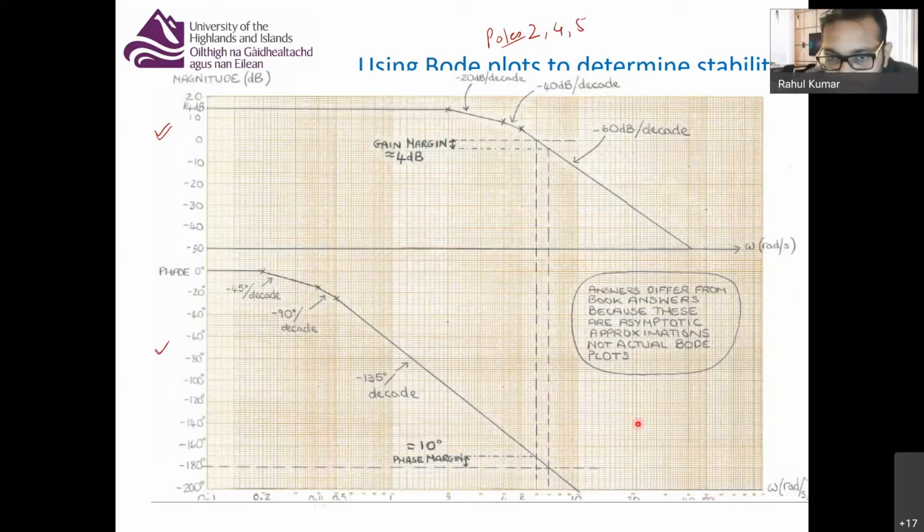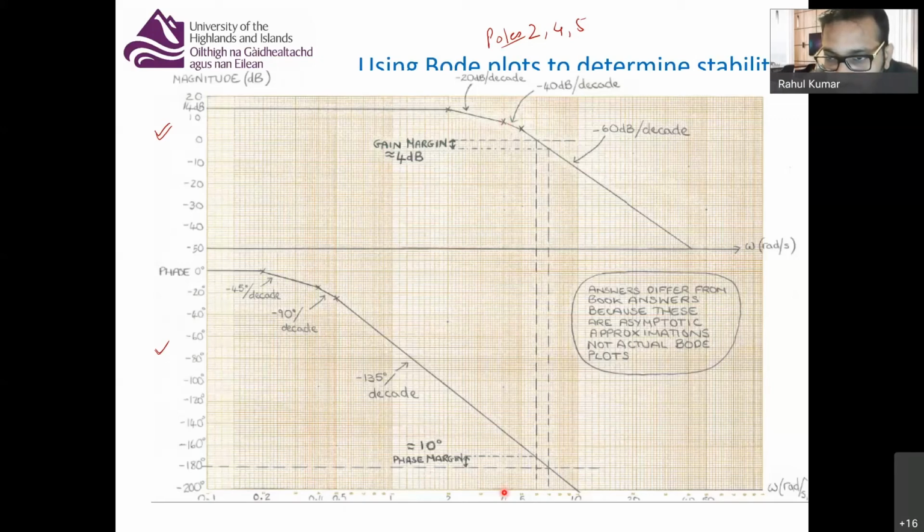Right. So we start from plus 14 dB. The first pole occurs at 2 radians. So 2 radians is here. So the slope changed by -20. The second break frequency is at 4. So 4 is here.